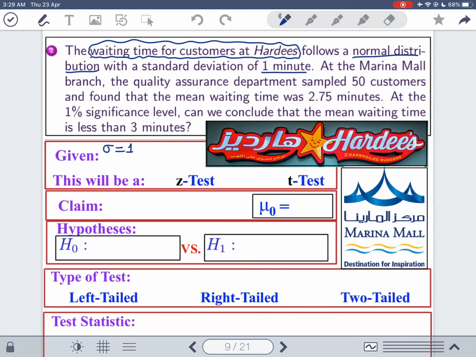Now, they tell you, at the Marina Mall branch, the quality assurance department sampled 50 customers. This means that the sample size n is 50, and found that the mean waiting time was 2.75 minutes. So here you'll say my sample mean X bar is 2.75 minutes.